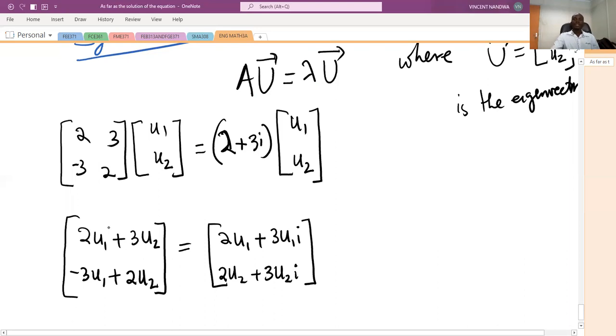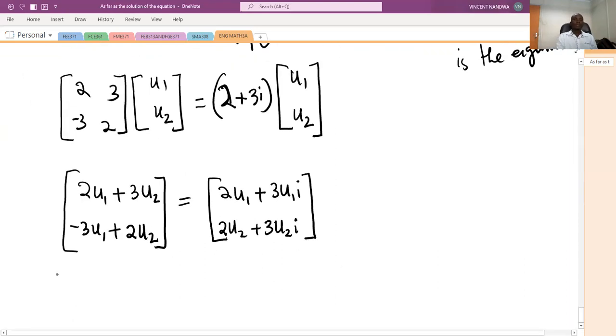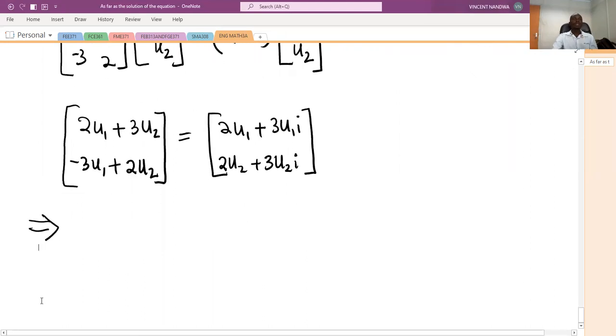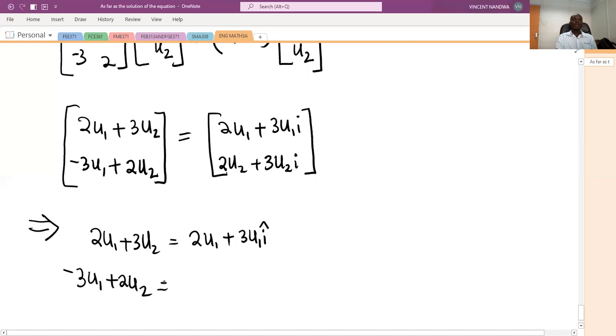The implication of this equality is that the first row and the second row should correspond on either side. That is, 2u1 plus 3u2 should be 2u1 plus 3u1i, and minus 3u1 plus 2u2 should be 2u2 plus 3u2i.